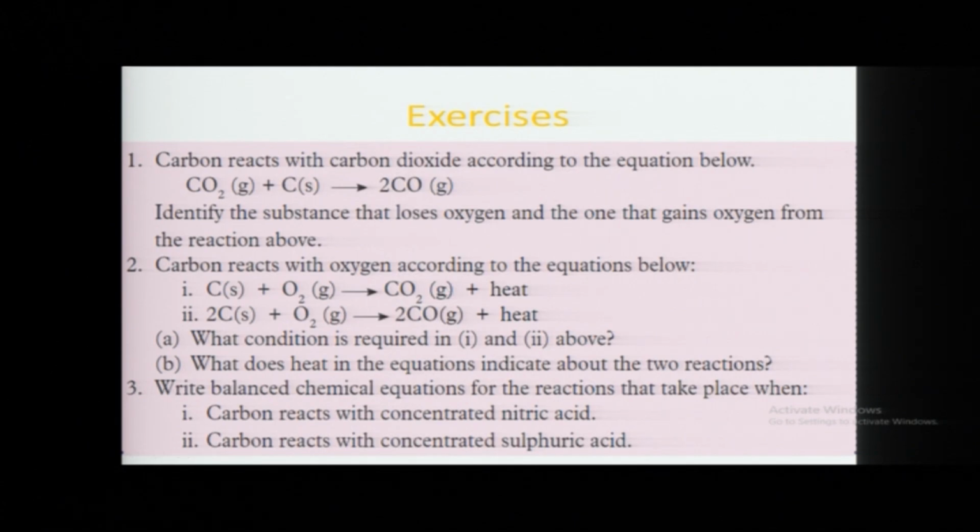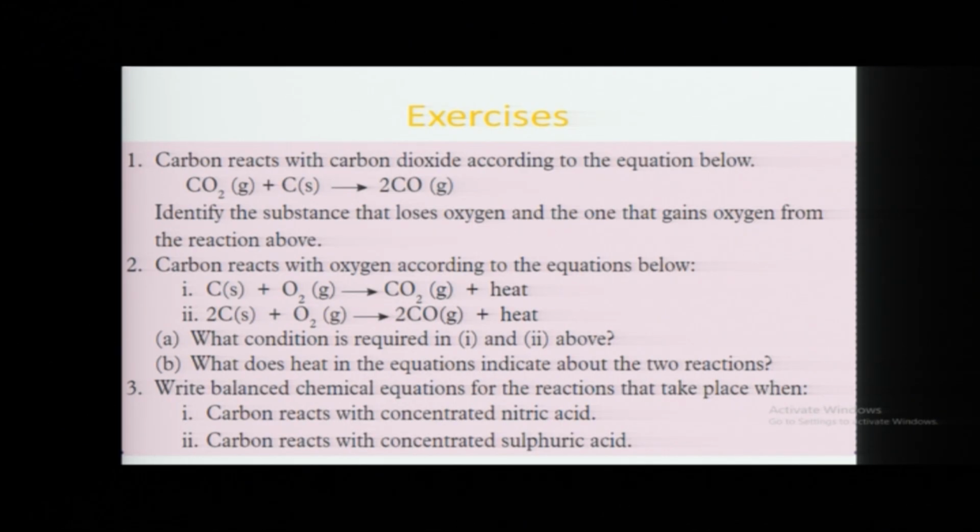Plus heat. Another way, there is carbon reacting with limited oxygen, as we said. These two equations: carbon reacts with oxygen to form carbon dioxide, this is when oxygen is in abundance. There is enough oxygen there.